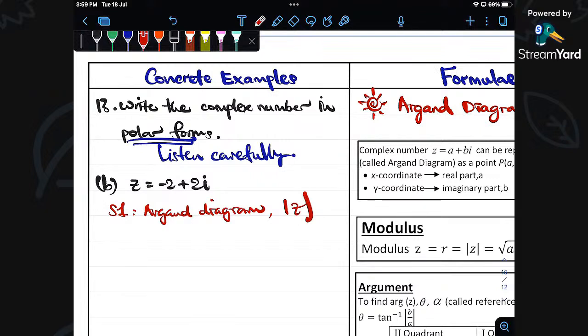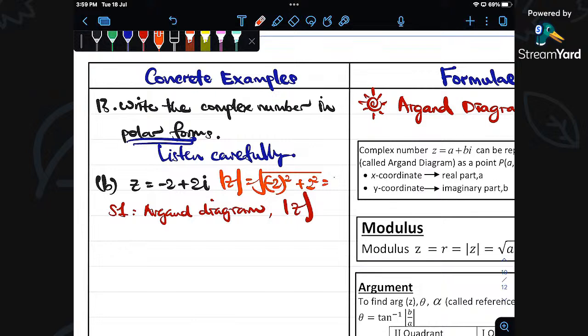So now, okay, apa kata saya untuk mengelakkan saya terlupa, saya carilah awal-awal the modulus of Z, which is negative 2 squared plus 2 squared gonna give me 4 plus 4 is 8. So square root of 8 lah.